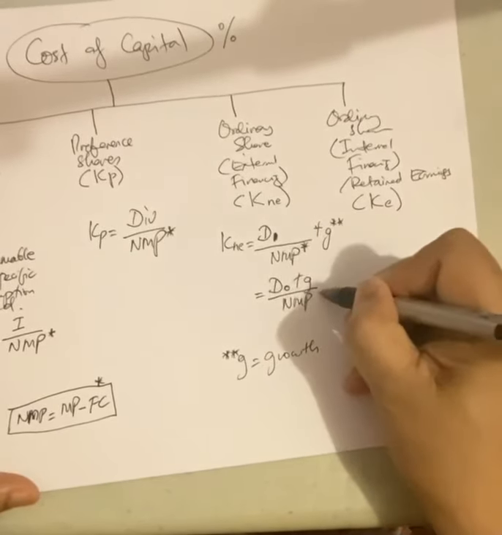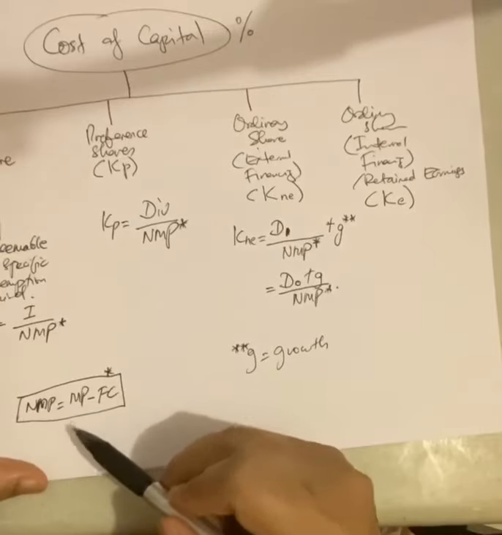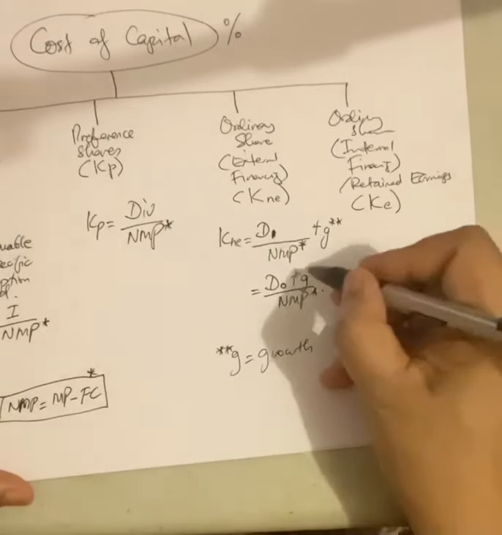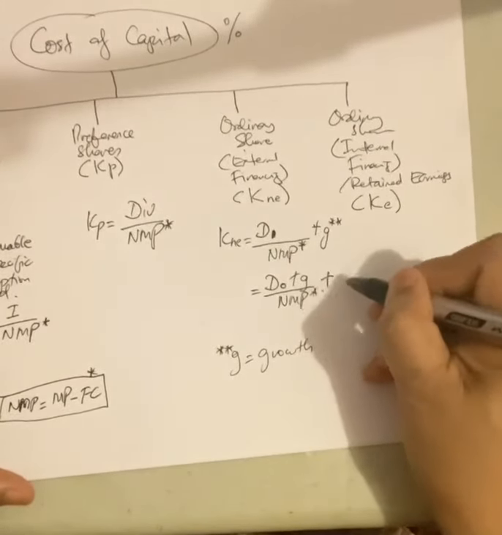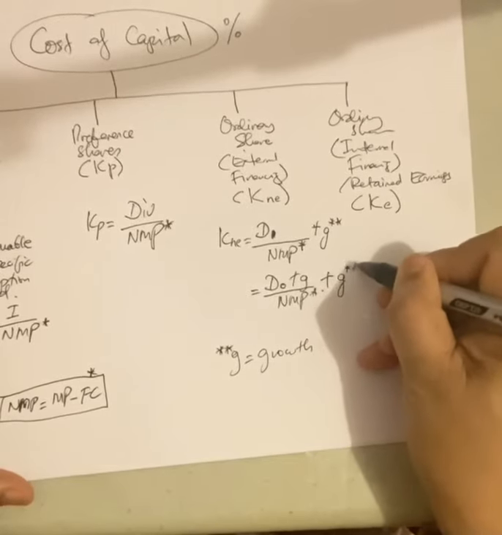The net market price is similar to the formula earlier. And plus the growth.